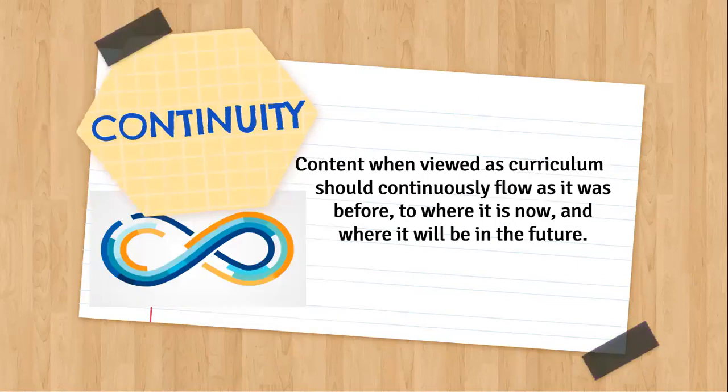Next is letter C, continuity. Continuity is somewhat connected with the A, articulation. The content, or the curriculum, should continuously flow as it was before, to where it is now, and where it will be in the future. So content, when viewed as curriculum, should have a continuous flow: where it was before, the ongoing topic, and where it will be in the future.